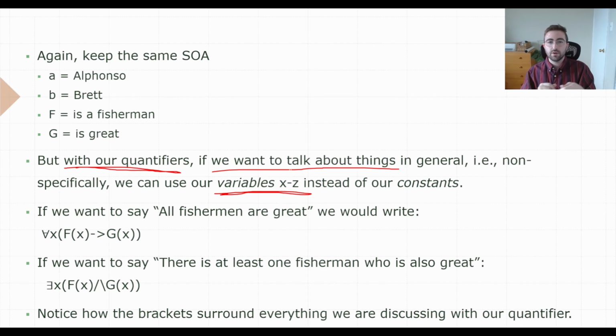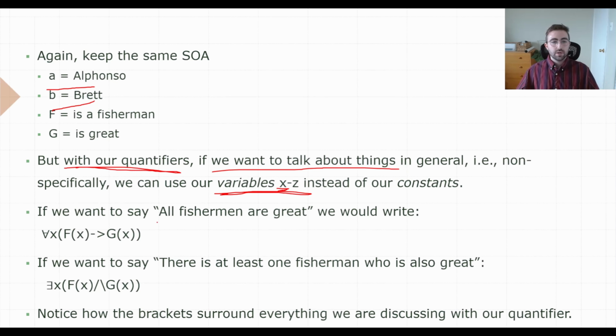So we're going to use our variables v through z. You see I started at x here because we're almost always going to start at x. And we're going to use our variables instead of our constants like Alfonso and Brett. I've left them up here because this is our scheme of abbreviation, but you'll see we're going to use our variables instead here. Okay, so let's look at translating some quantified phrases.